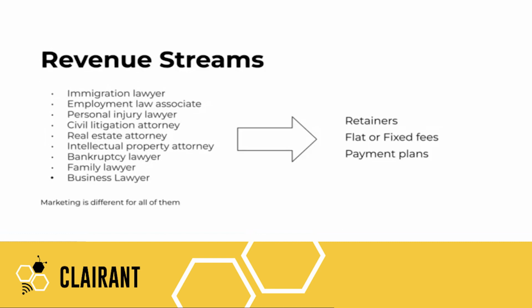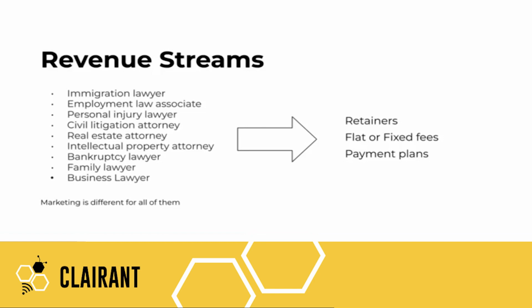So next, I want to talk about revenue streams. I know that there's a lot of different types of attorneys out there, and you probably invoice your customers differently as well. For example, you might be an immigration lawyer or a real estate attorney where it's more of a flat or fixed fee, or you have retainers for your revenue streams, or you may even offer payment plans.